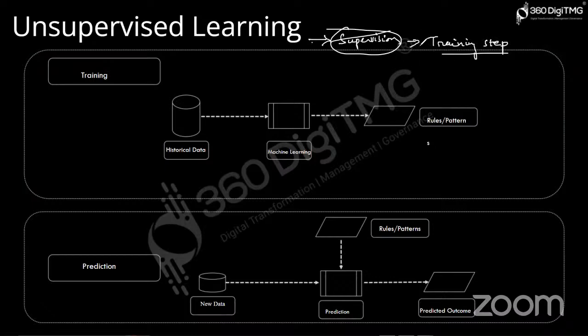We'll have historical data, and we'll use a machine learning algorithm on this historical data to find the hidden patterns and rules, the natural patterns, in the data.